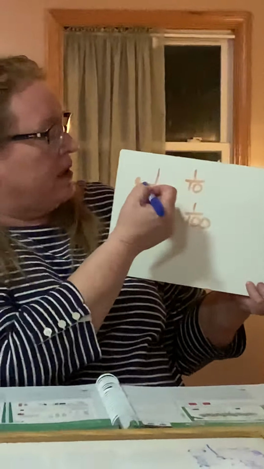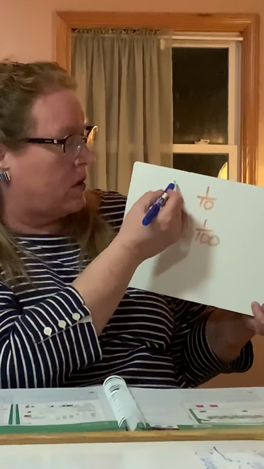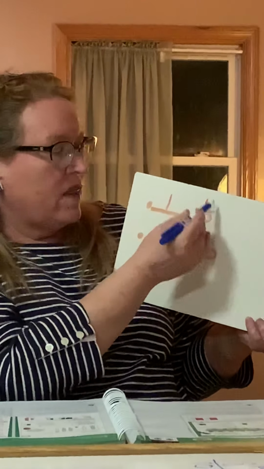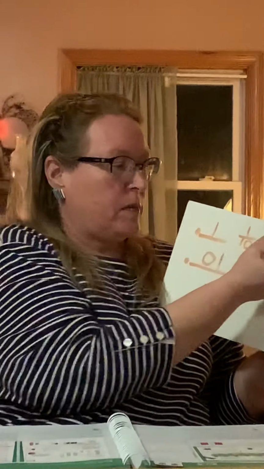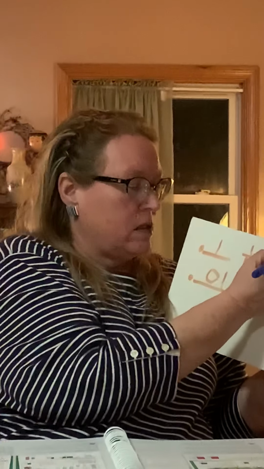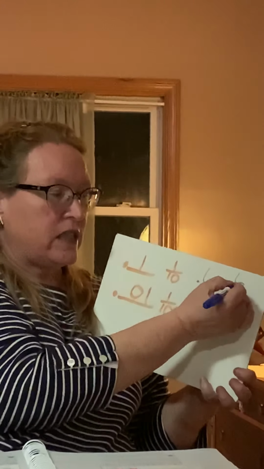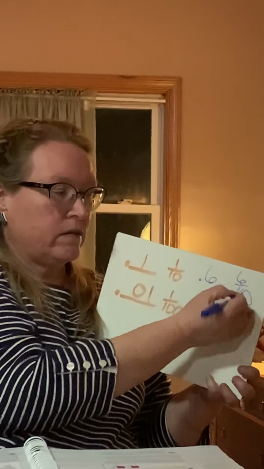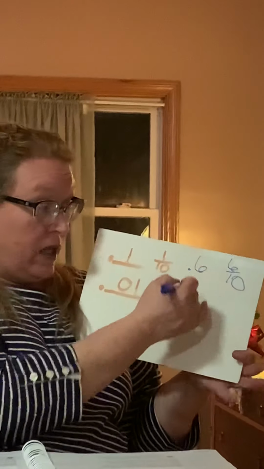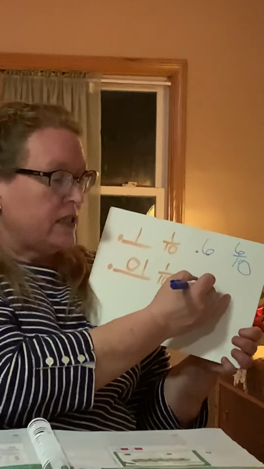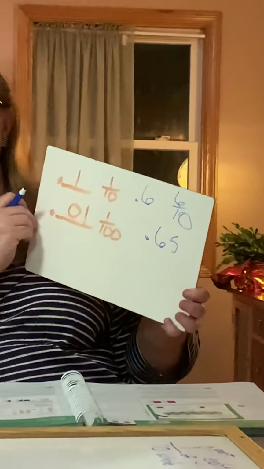So if you would see decimal anything, nothing in between the valued number and the decimal, that's going to be a tenth, okay? So it might be decimal 6. And in that case, that's 6 out of 10. It might be, in this case, decimal 65.